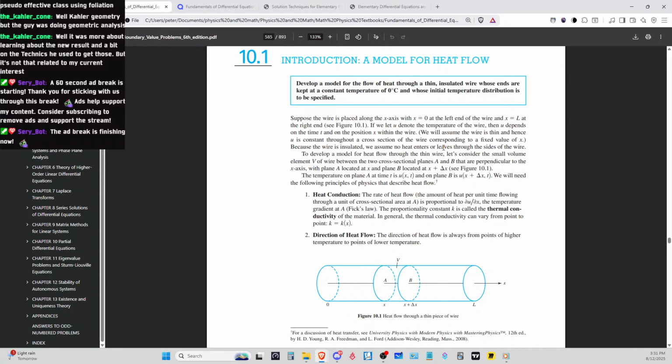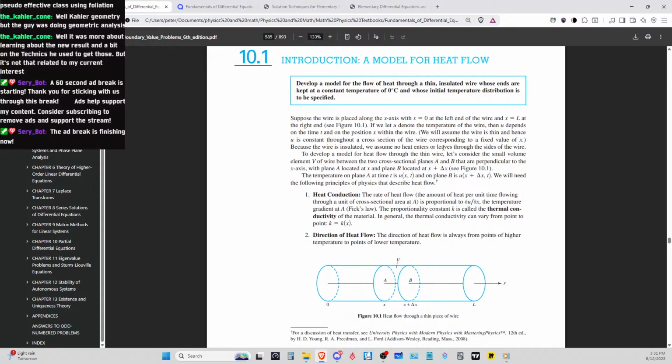The temperature on A at time t is U(x, t), and on plane B it is U(x plus delta x, t).